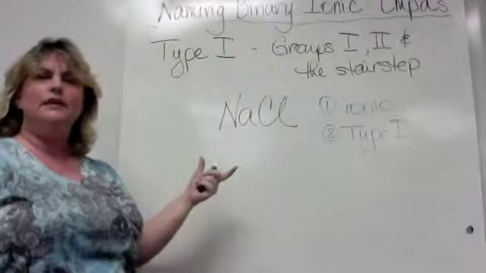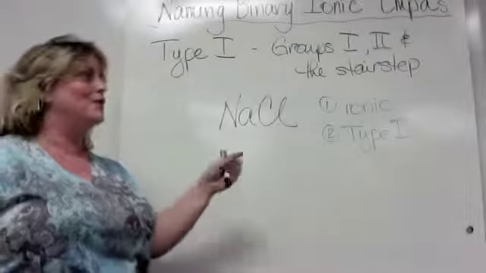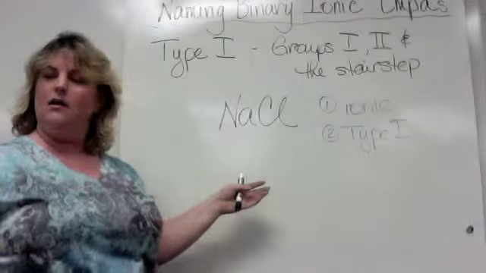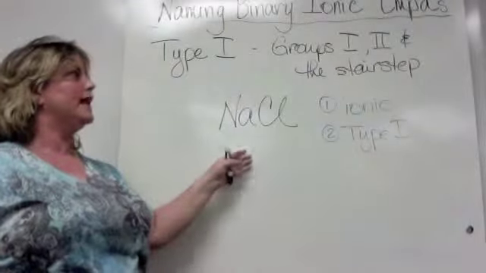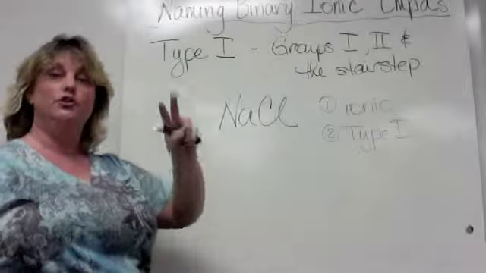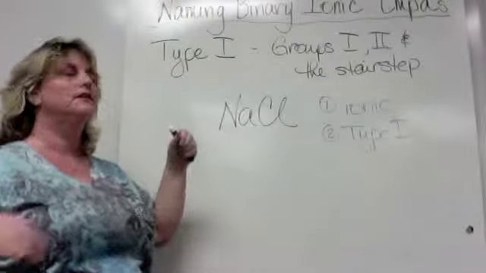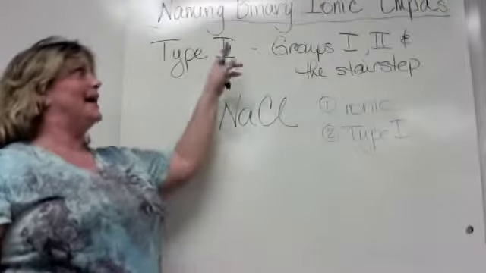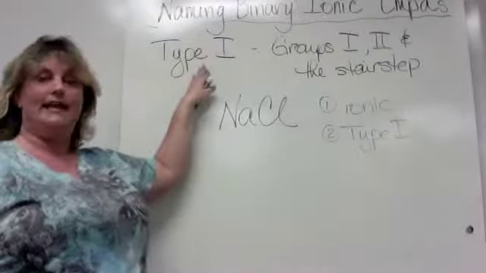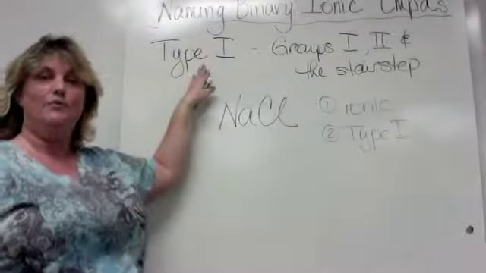So everybody knows what that charge is. We don't have to put it in the name. All we have to do when we name a binary, meaning two elements, not two atoms, binary ionic compound containing a type 1 metal is name the ions.